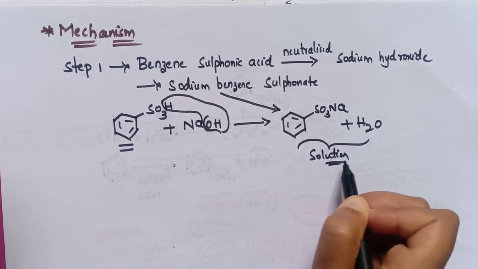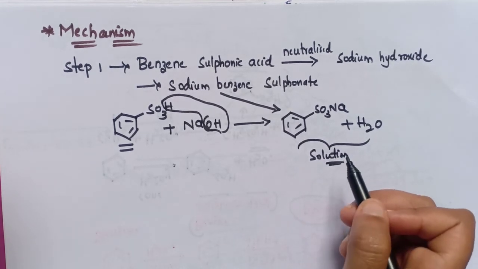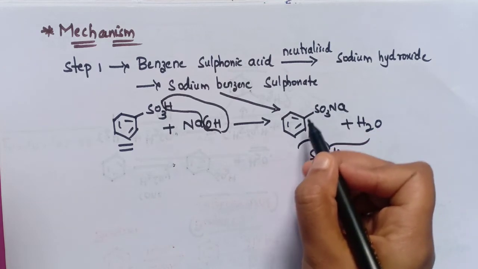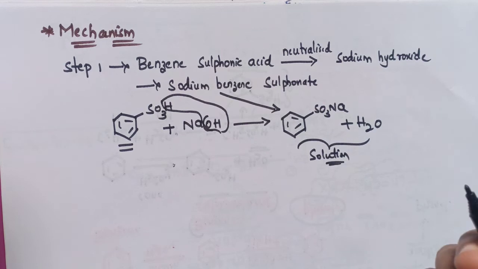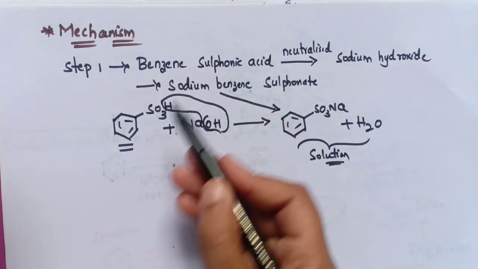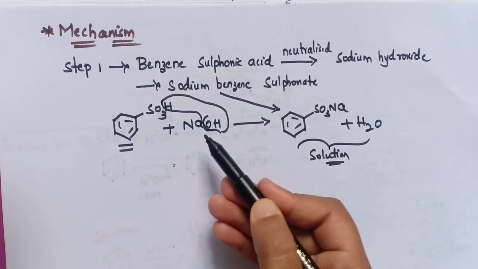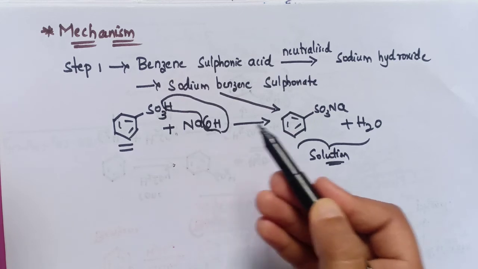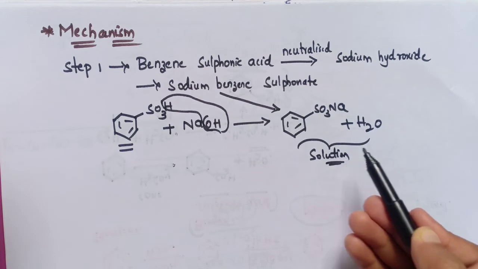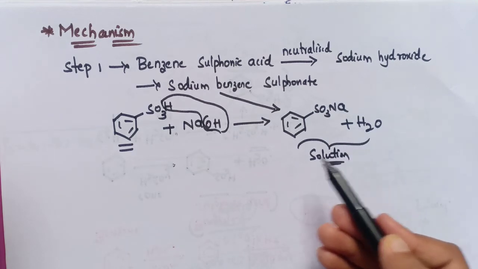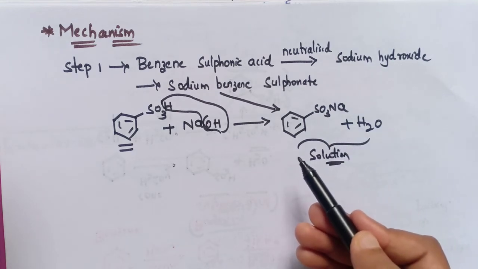This solution is evaporated to get crystals of sodium benzene sulfonate. So let's once again see this. Step 1: when the benzene sulfonic acid is neutralized with sodium hydroxide, we will get sodium benzene sulfonate plus H2O. This solution is evaporated to get crystals of sodium benzene sulfonate.